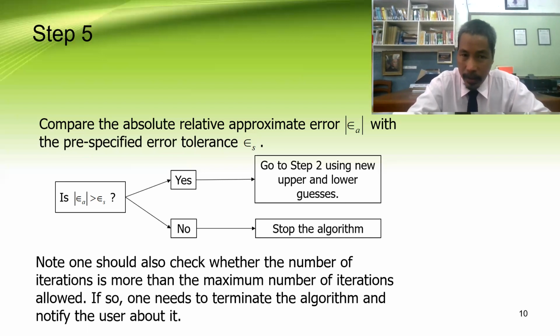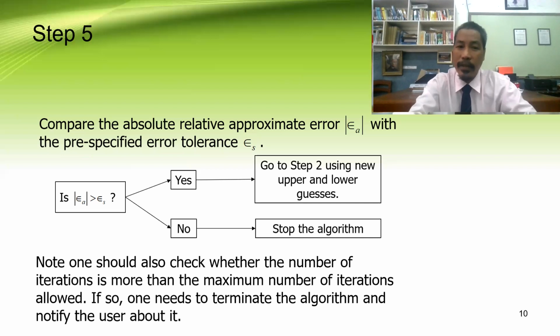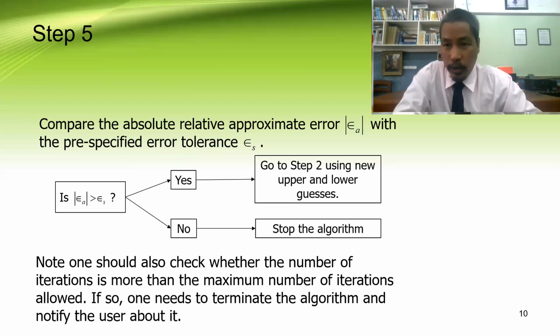If our calculated absolute relative error is greater than the pre-specified tolerance, epsilon s, then let us repeat the process. Go to step 2 again. But if the pre-specified tolerance is greater than our calculated absolute relative approximate error, let us stop the algorithm, and the value of XM is our root of the function.